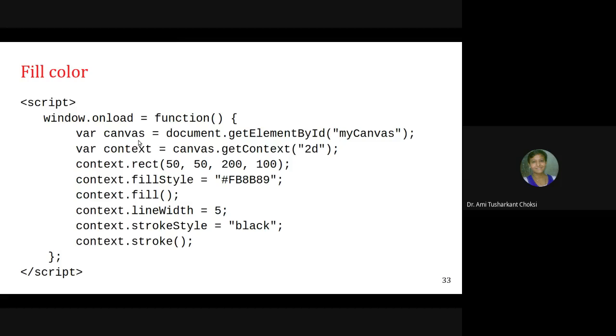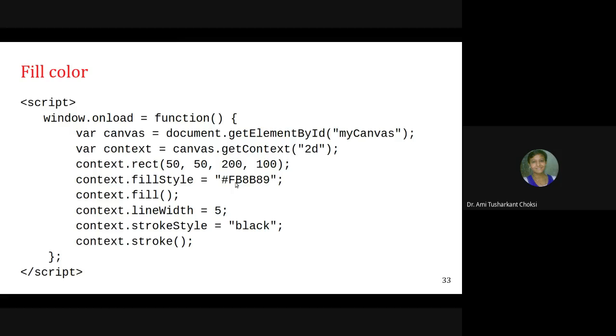So, variable canvas is being initialized, variable context is being initialized, context.rect, that is we are drawing the rectangle. We can say 50, 50, 200, 100. And after that, what we are having is context.fillStyle, with which color we want to fill.